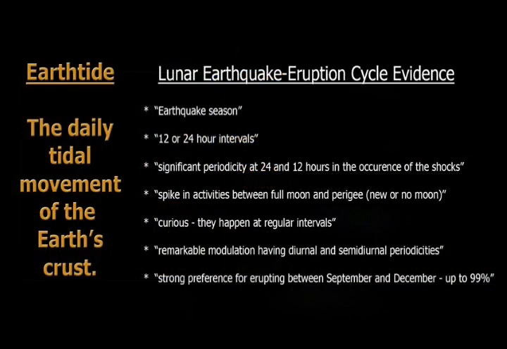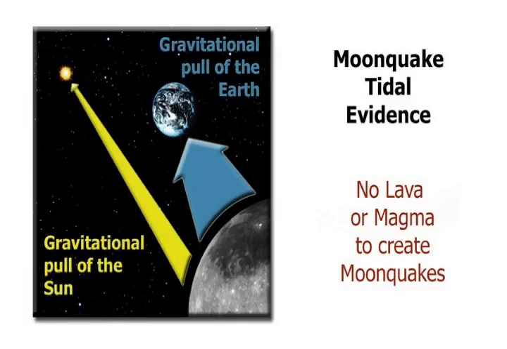And the gravitational pull, this is talking about moonquake tidal evidence. There's no lava or magma to create moonquakes, but the moon is getting pulled, and that's creating activity on the moon. You also have twice the pull on the Earth from the moon as you do from the sun. The sun's a lot more massive, and so has stronger pull, but it's also a lot further away.